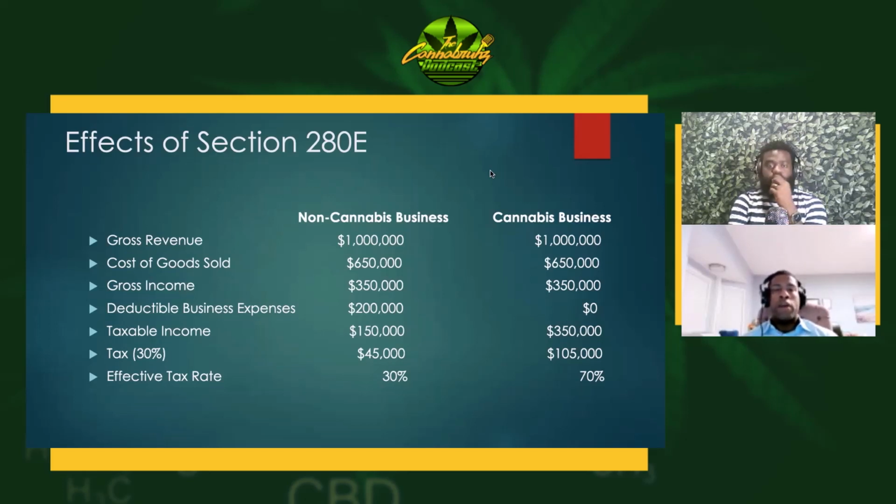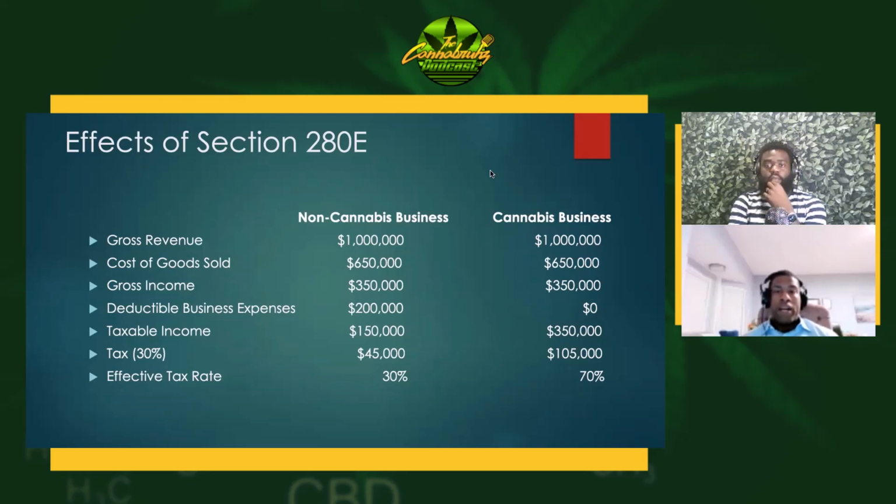If you don't have everything lined up appropriately, for instance your cost of goods sold, your books and accounting done correctly, the formation of your business done correctly, and you're not able to properly delineate between what is what, they might disallow your cost of goods sold for your cannabis business.